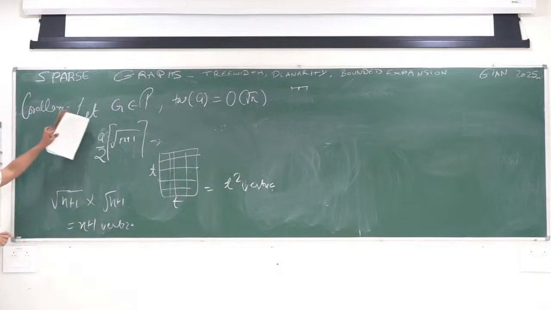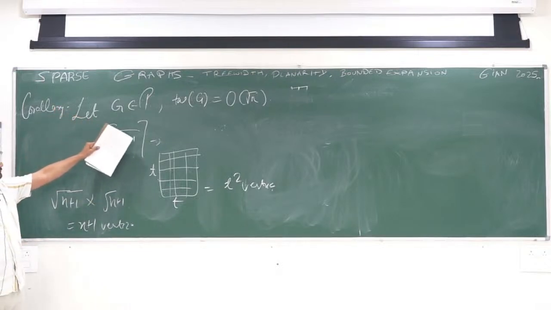So for every planar graph, we know that the treewidth is at most order square root of n.